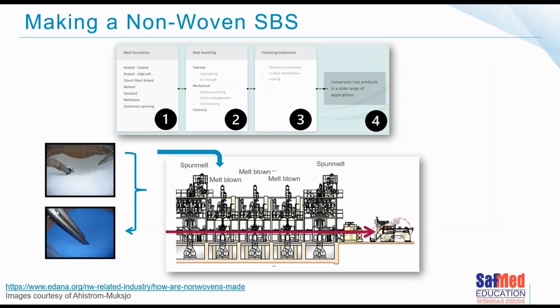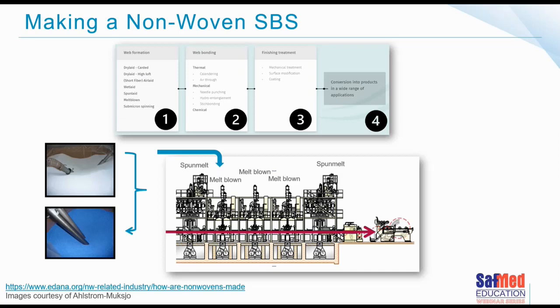On the left-hand side of our picture over there, you can see the raw materials, and in the middle you'll see the graphic of a piece of equipment that does all of this web formation and bonding process. It's kind of like a hopper system, and on the top hopper, the raw materials are put onto like a conveyor system.